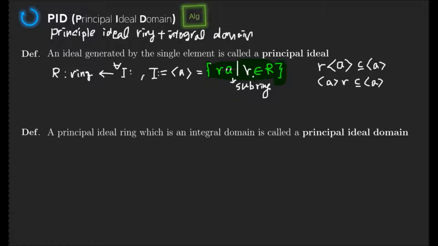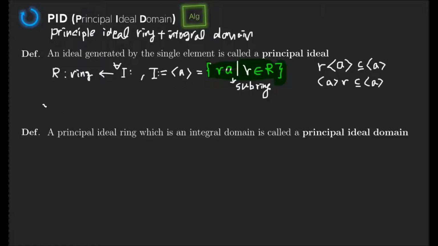This is clearly an ideal, and this is generated by a single element, then this is the principal ideal. But the important thing is that this ideal is always written in this single generated form.